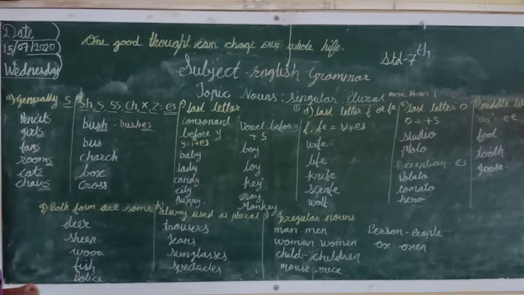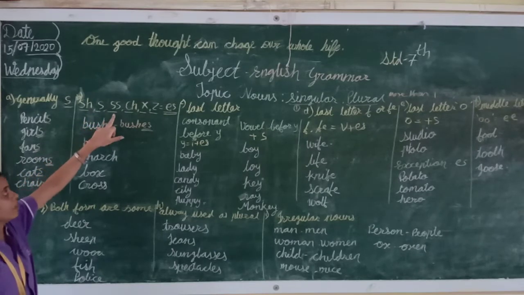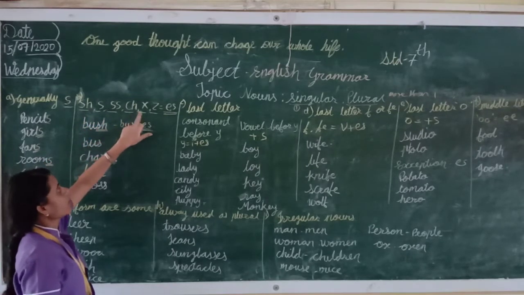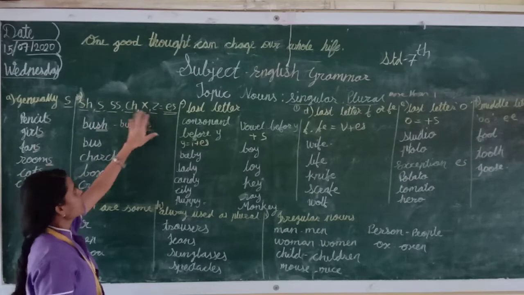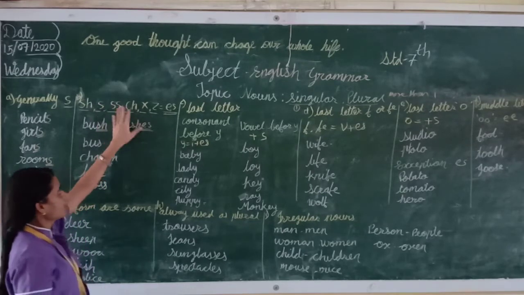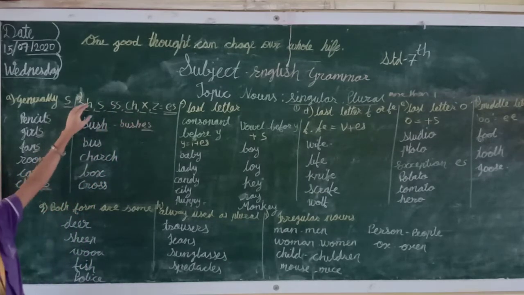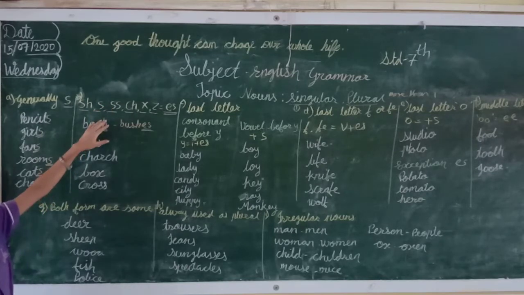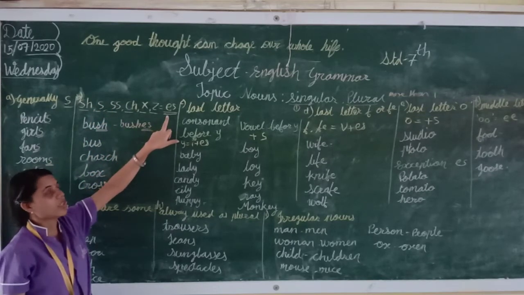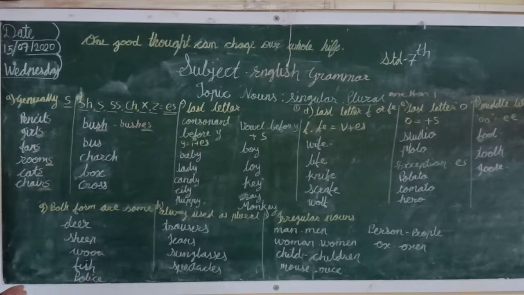Students, when the last letter is sh, s, double s, ch, x or z, you have to remember these letters. When these letters come at the end of the word, at that time we have to use es. Now next one, bus.